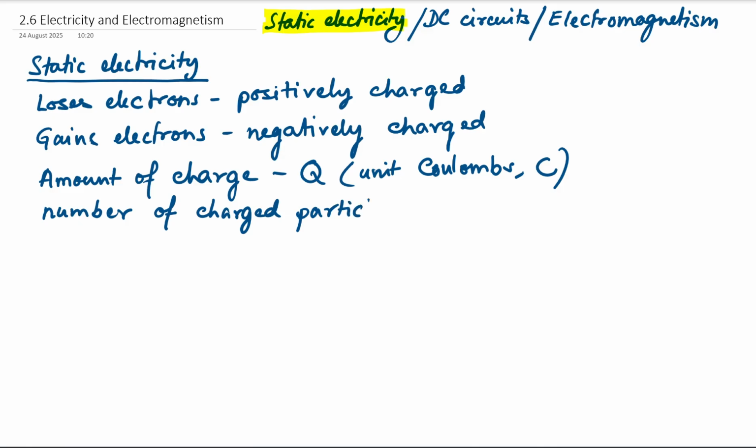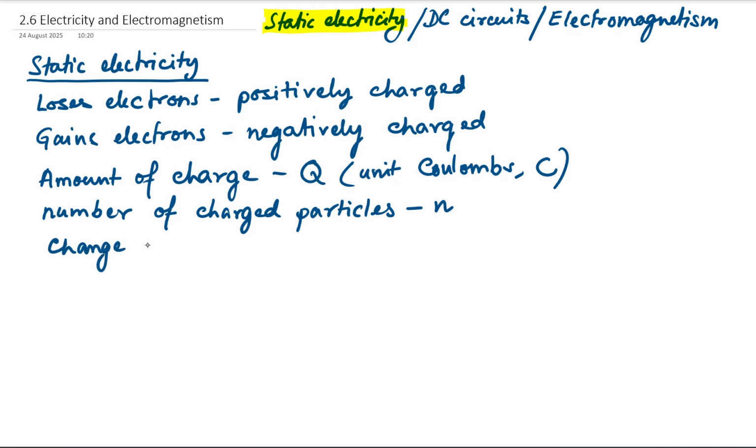It could be electrons in some cases, or you might be spraying, for example, charged droplets on an object. So this is the number of charged particles we are talking about, and we use the symbol small n to denote that. And the relationship between these two and the charge on those particles.